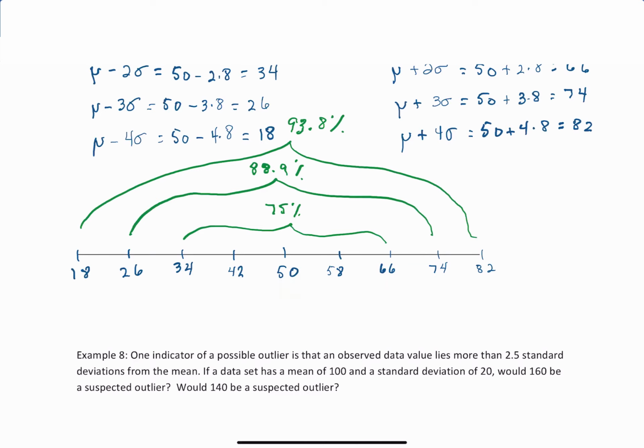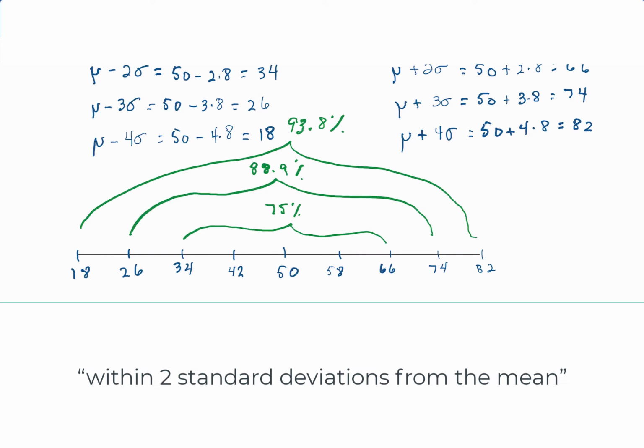This interval between 34 and 66 is described as within 2 standard deviations of the mean, because you don't go any further than 1, 2 of those sigma values, which is 8 in this case, either to the right or to the left. So you have not gone further away from the mean than 2 standard deviations.